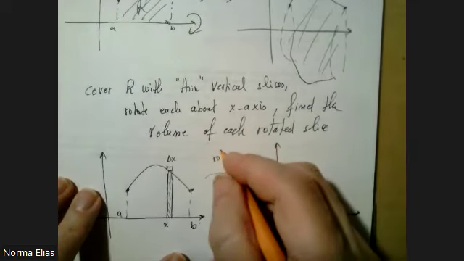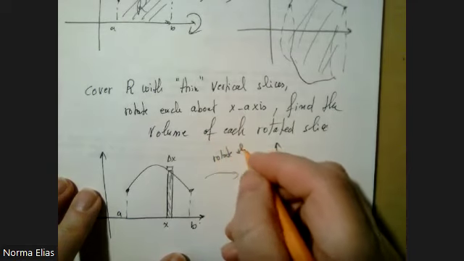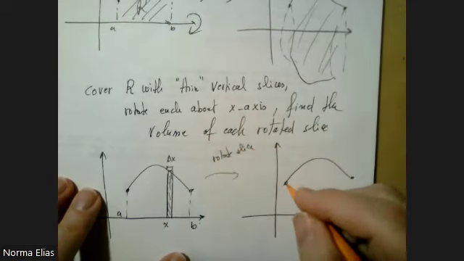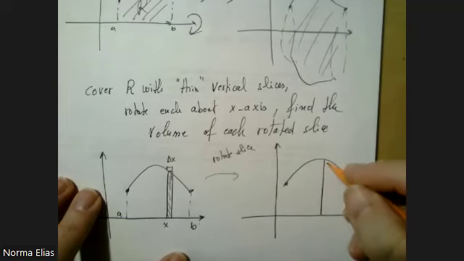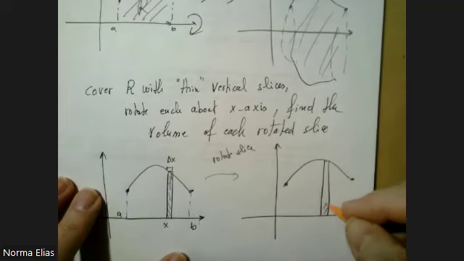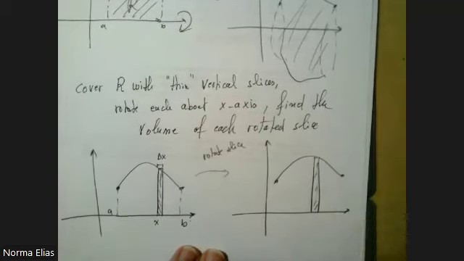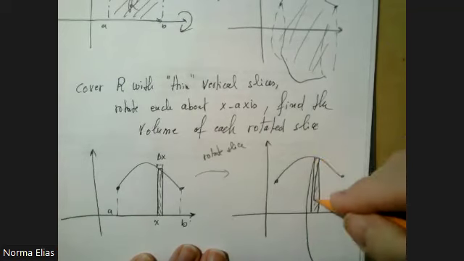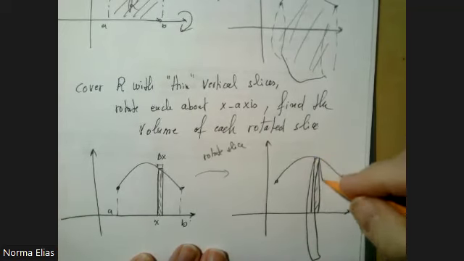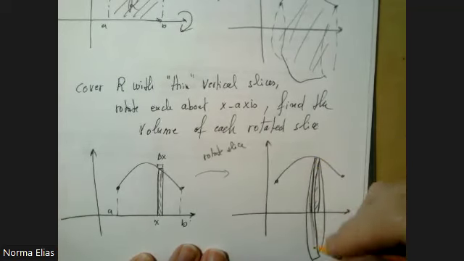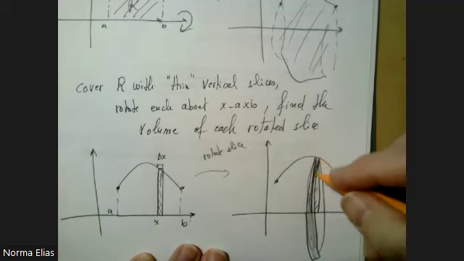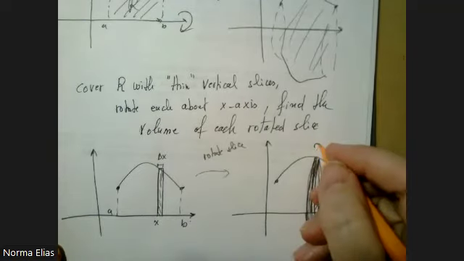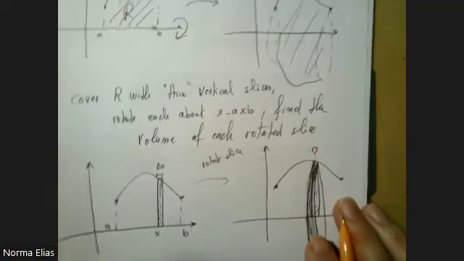So rotate a slice. So this is my graph, and this is my slice. Now I'm going to rotate this. What am I going to get immediately? When I rotate it, as you guys know, we're going to get the cylinder. And the question is, what's the volume of the cylinder?